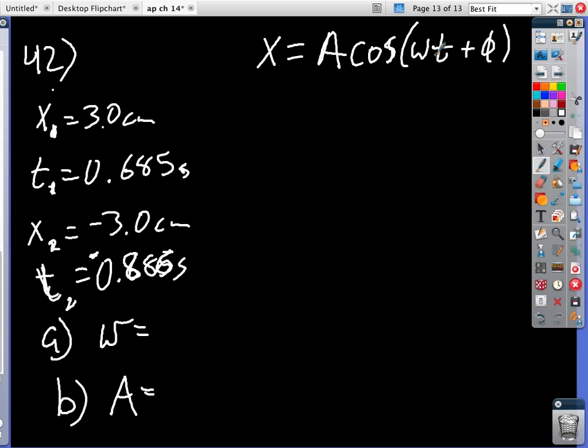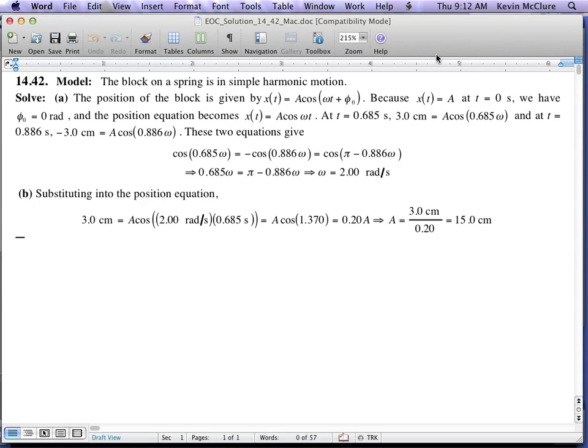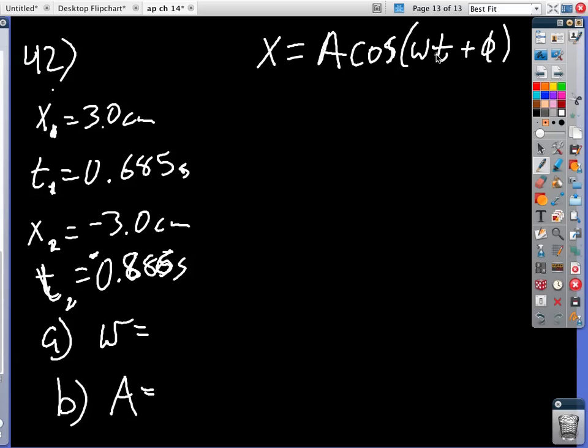And then from that, they get their answer of 2 radians per second. And then once you've got your omega, to find the A is pretty straightforward, because if you know omega, then you can plug that in and get your A, because you know the other parts.